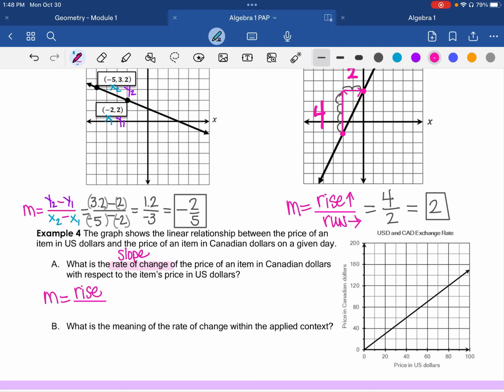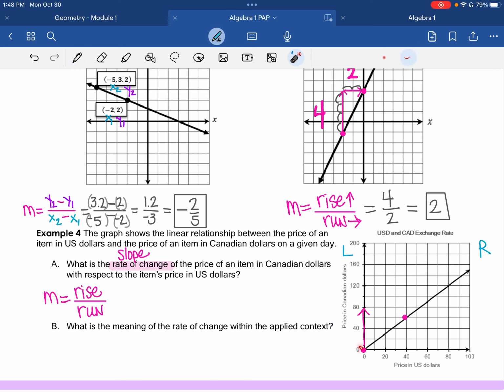So once again, I'm going to use rise over run. I'm going to pick 2 perfect corner points. I'm going to pick this point, and I'm going to pick this point right here. I would run up because this is my point on the left of my graph, and then I'm going to run over to the one on the right. So let me count how far I went up. Be careful. Please remember to make sure that you're looking at the scale of your graph.